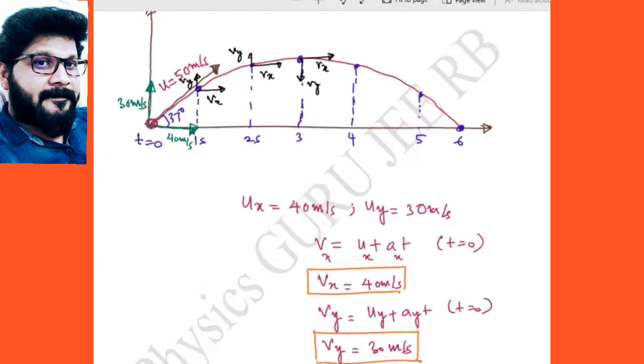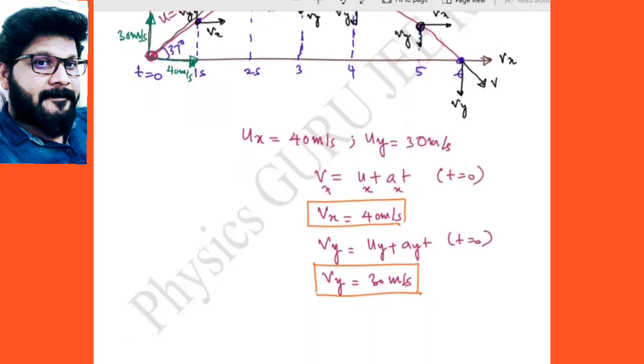The ball is here. Next, at this particular point, what is vx, what is vy? This we have to calculate at time t, that is 3 seconds, 4 seconds, 5 seconds, and 6 seconds.